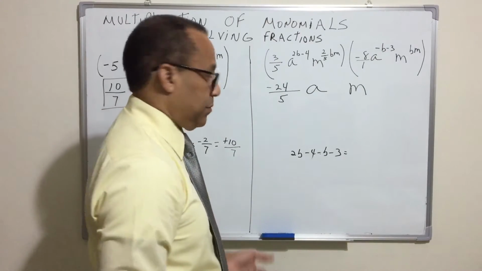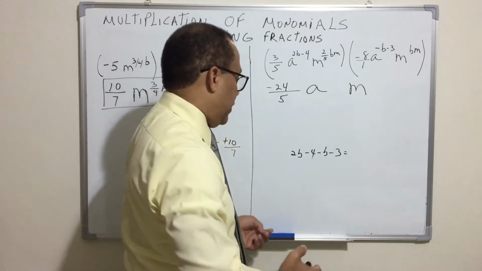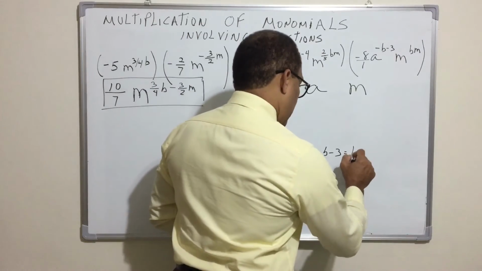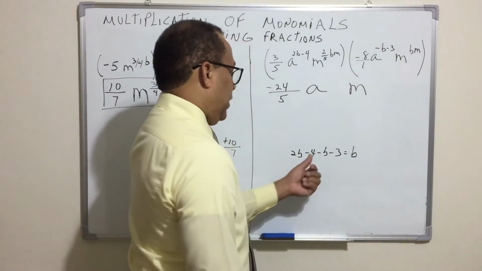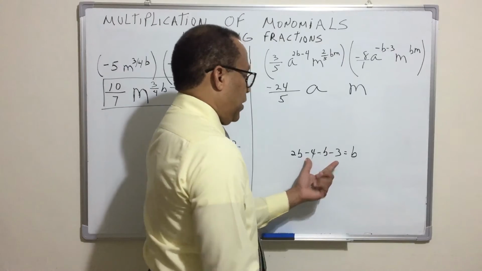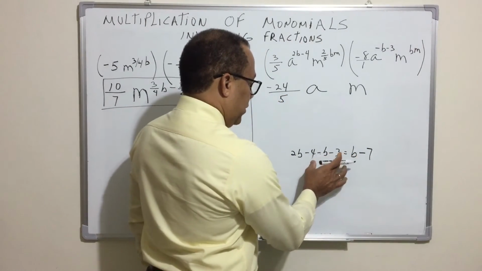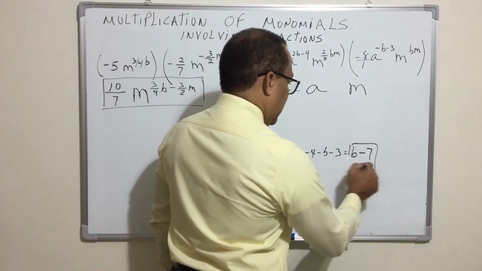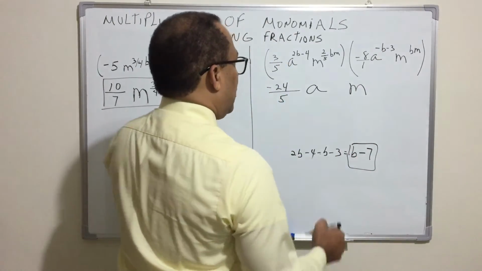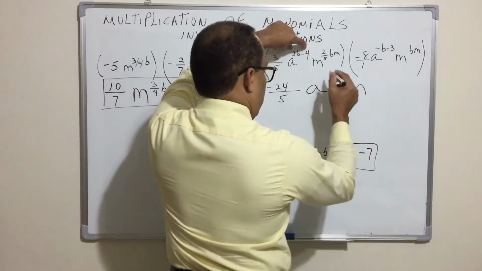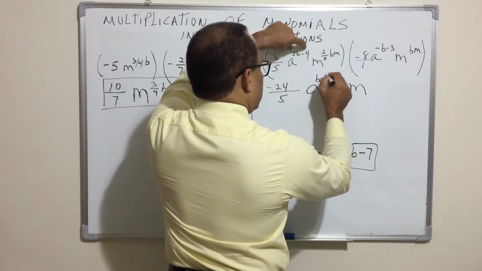Let's solve this. We know how to do this already. 2b minus 1b equals 1b, or just b. Negative 4 minus 3 equals negative 7. Same signs, add the numbers and copy the same sign. So the exponent for the A will be b minus 7.